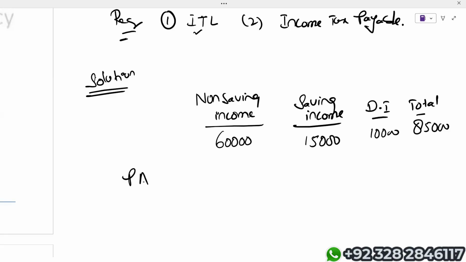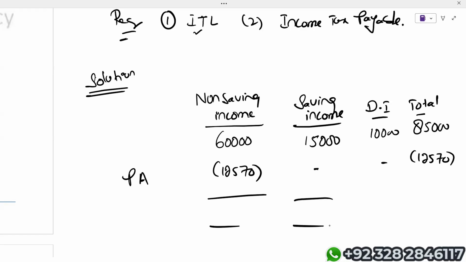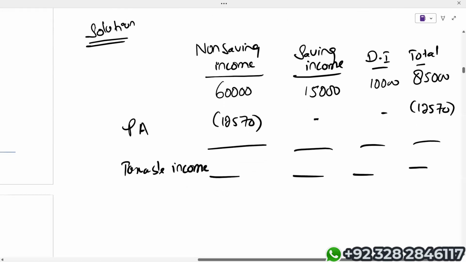Personal allowance of 12,570 is deducted first from the non-saving income. If you do not have non-saving, then I'll go for saving, and finally dividend income if I don't have saving also. Taxable income: 60,000 minus 12,570 is 47,430.